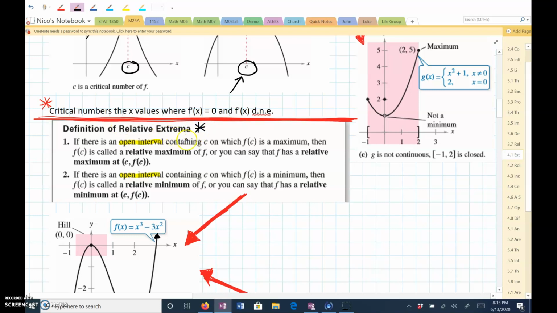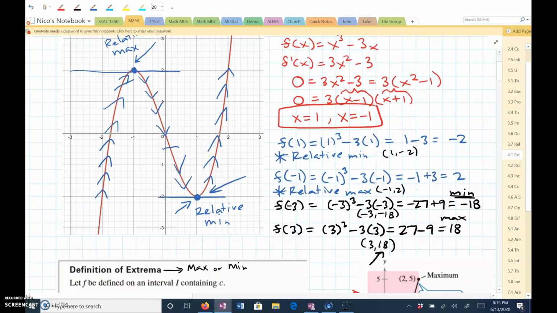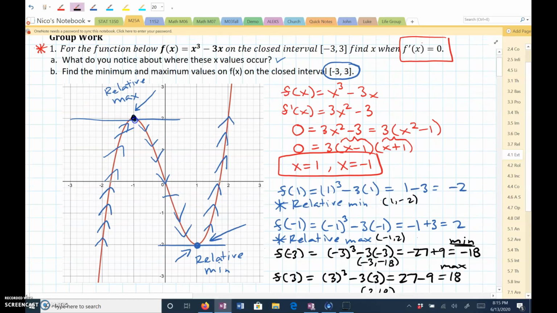Now we're going to move on to the definition of relative extrema. So there's a difference between relative extrema versus extrema. Let's look back up here. This would be a relative extrema. This would be a relative extrema.